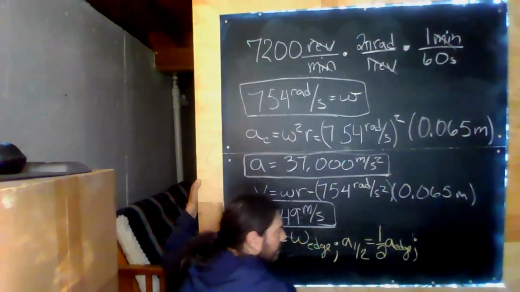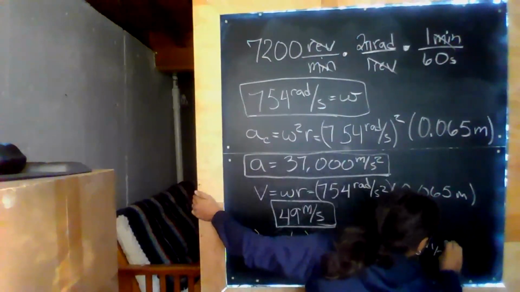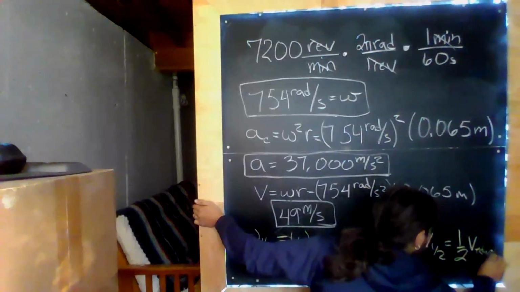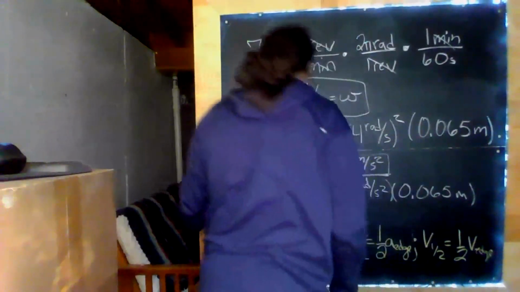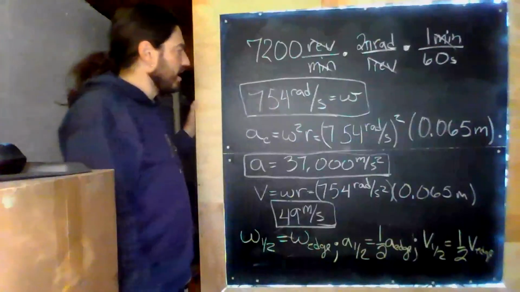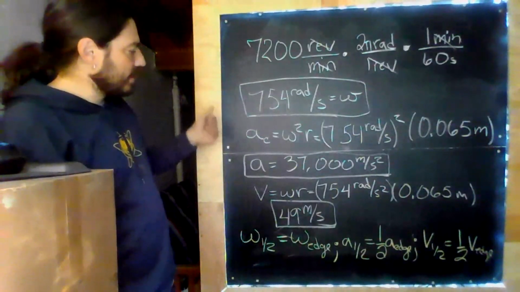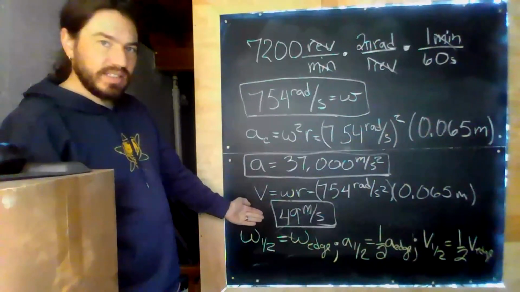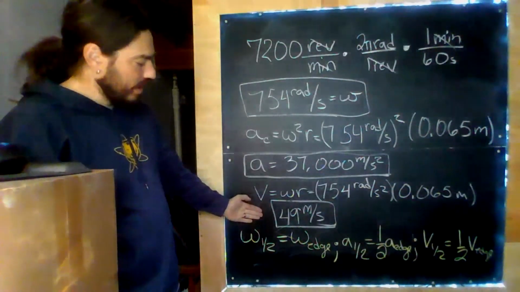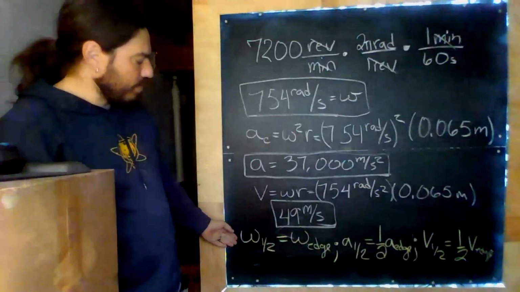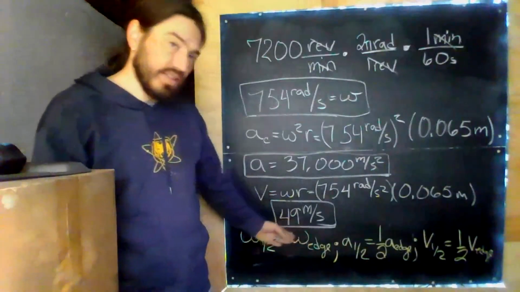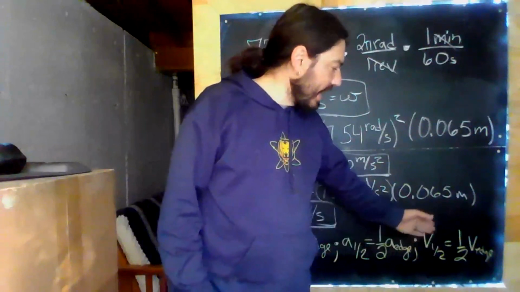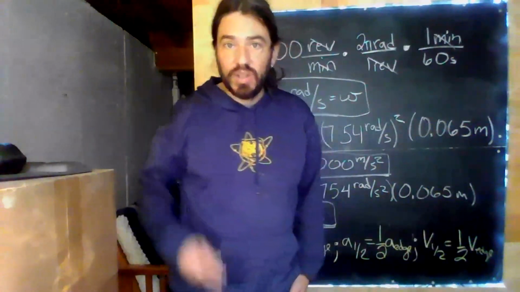Half the r means that v at the halfway point is equal to 1/2 v at the edge. Okay. So there we go. Here is my angular velocity, my centripetal acceleration, and my linear velocity on the edge. And at the halfway point, the angular velocities are the same, the centripetal acceleration is 1/2, and the velocity is also 1/2.